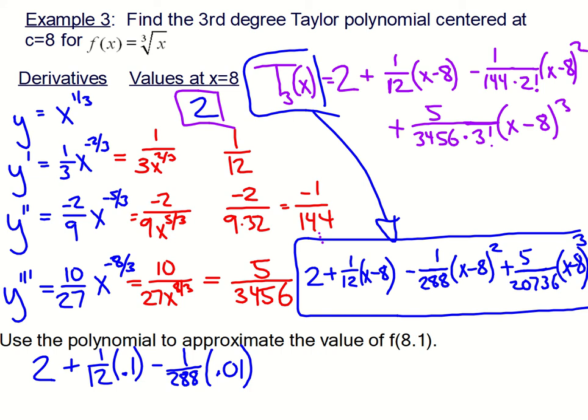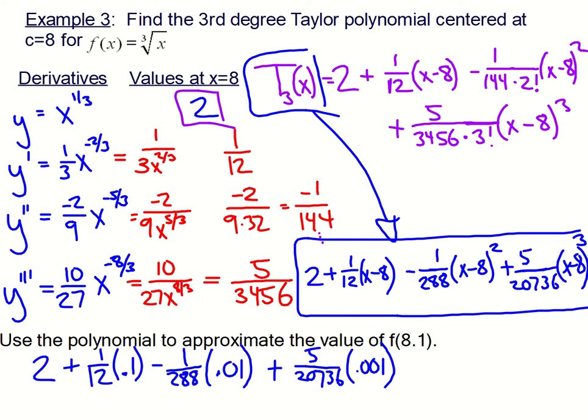And then plus 5 over 20,736 times 0.1 cubed, which is 0.001. Computing that, let's see what we get.